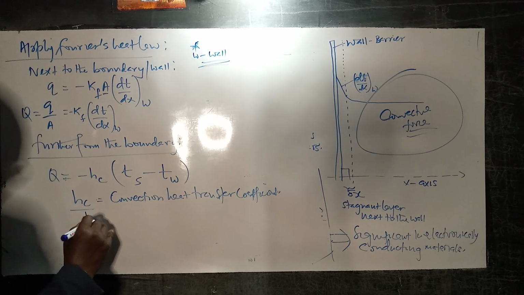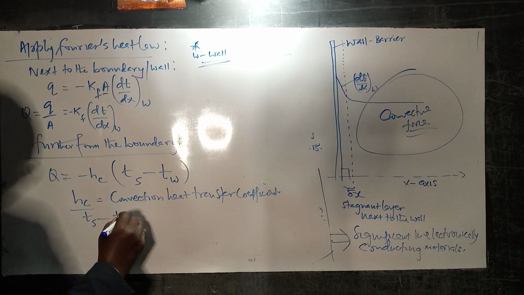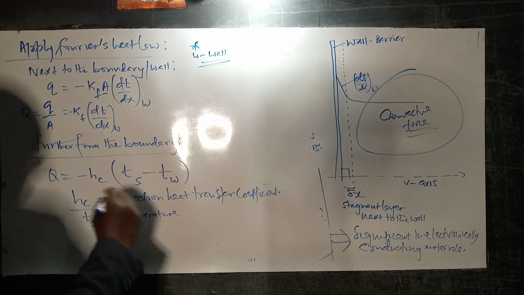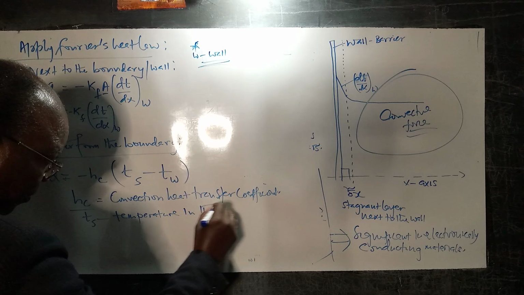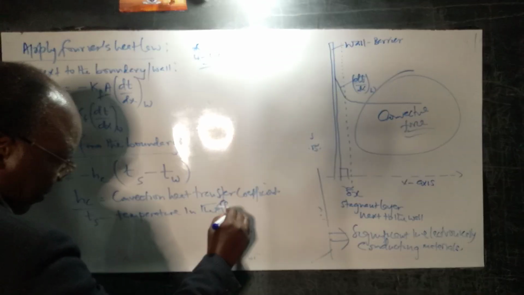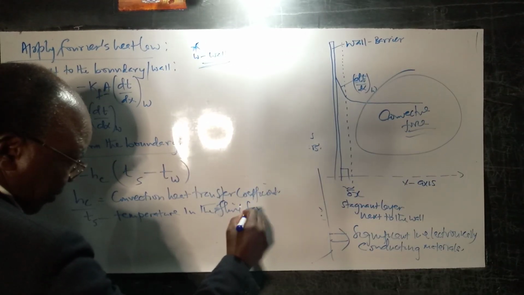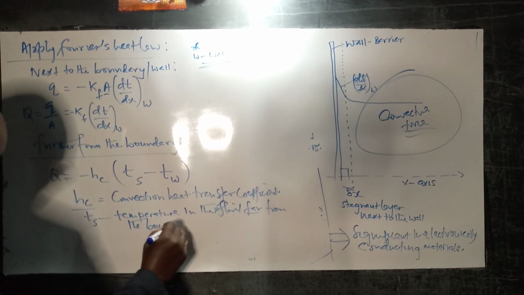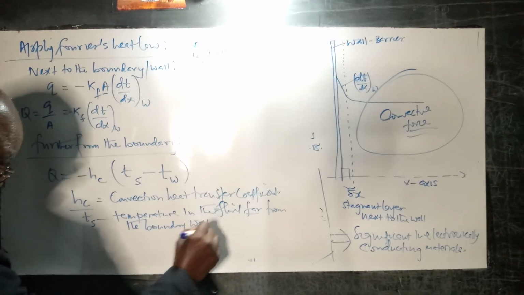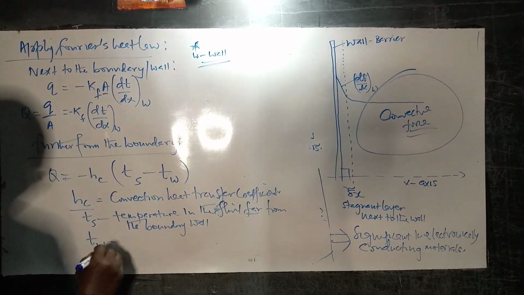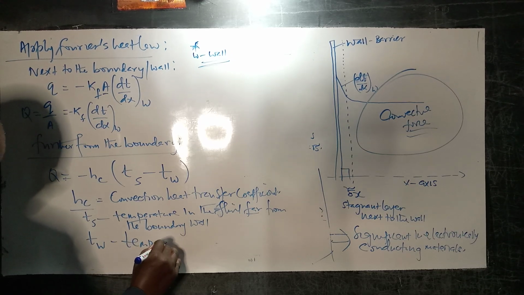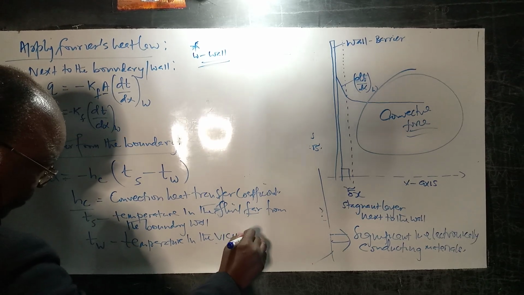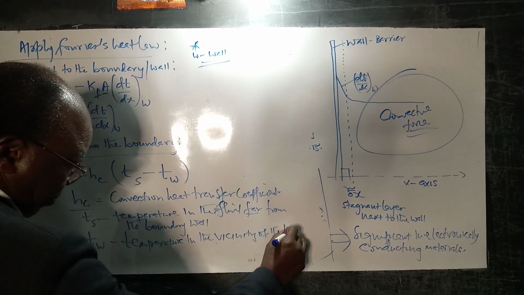And Ts is the temperature in the solution, in the fluid, far from the boundary wall. And we can say Tw is the temperature in the vicinity of the boundary wall.